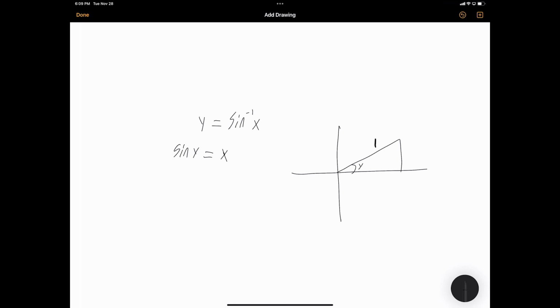The hypotenuse is always 1 for our unit circle, right? And what is sine of y, the angle, equal to? Y, or the opposite, which is x in this case.